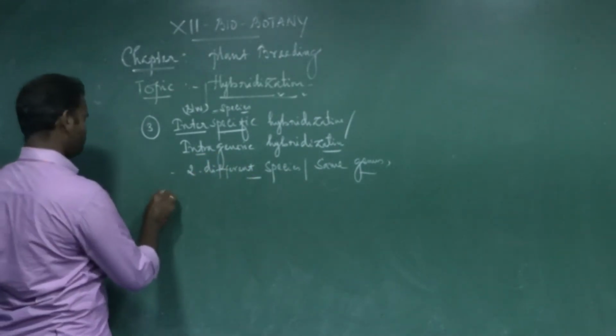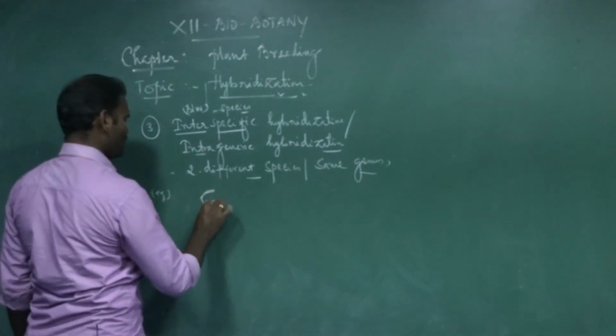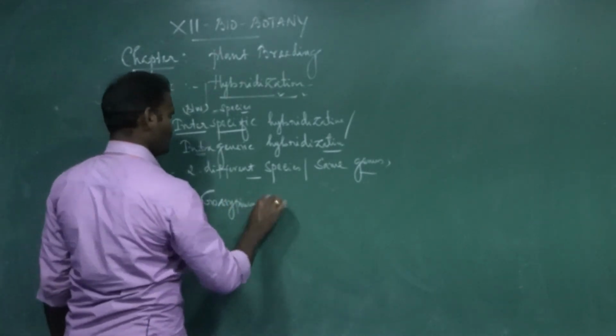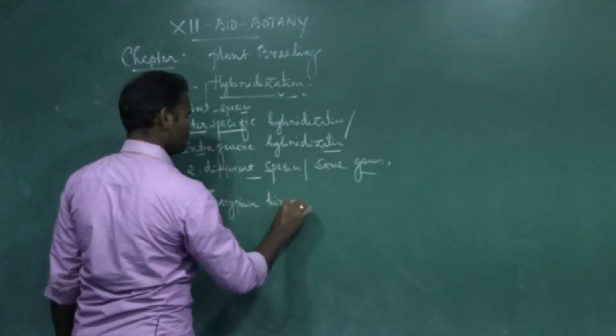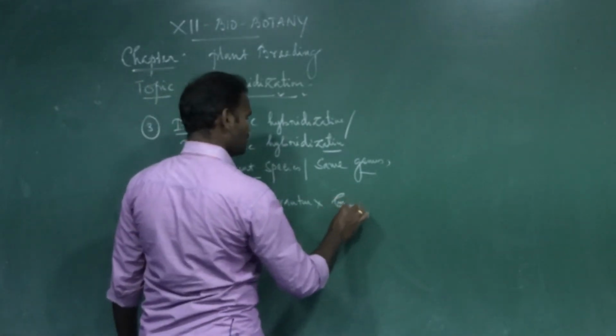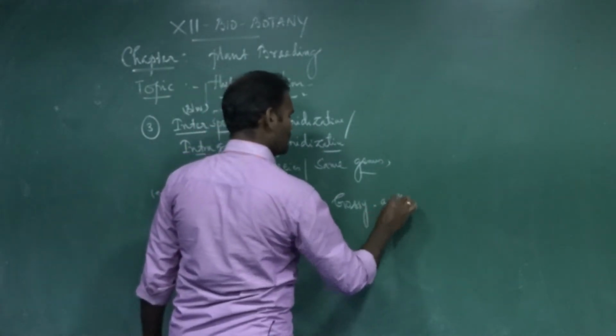For example, Gossypium, the cotton variety. Gossypium hirsutum is crossed with Gossypium arboreum.